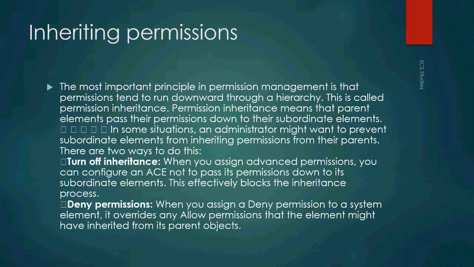In some situations, an administrator might want to prevent subordinate elements from inheriting permission from their parents. So, in most cases the inheritance will automatically work, but in some cases the administrator does not want that, so they want to prevent the inheritance.